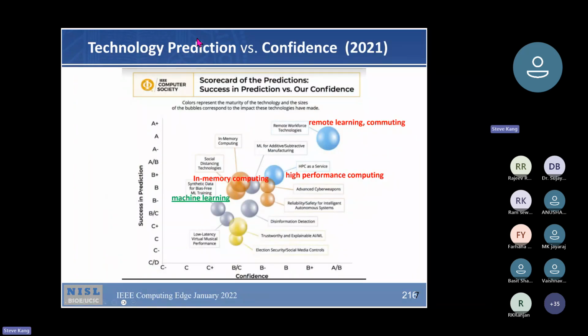In terms of technology prediction and confidence level, C- is bad, A, B is good. The success in prediction is A+, and the C, D level. Remote learning and computing is an established one. High performance computing is next established. In-memory computing is next.